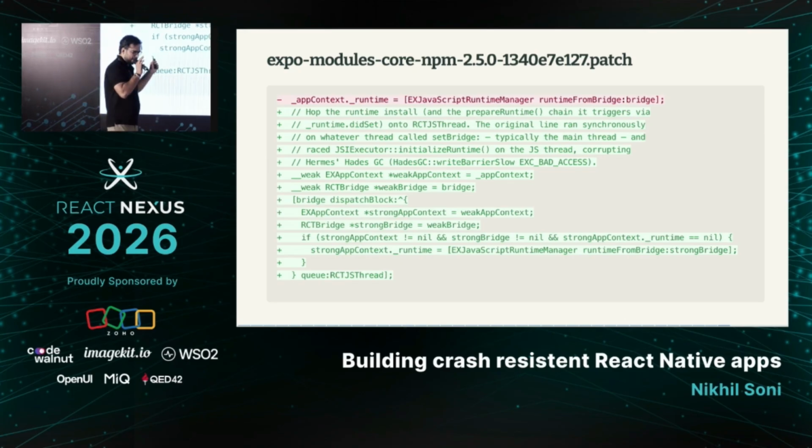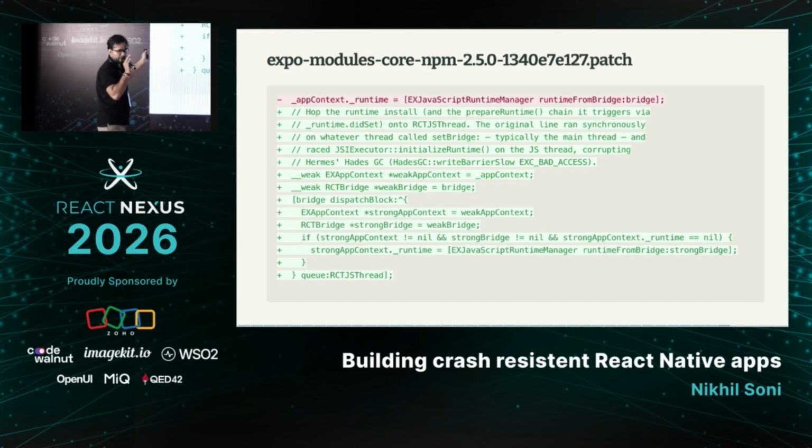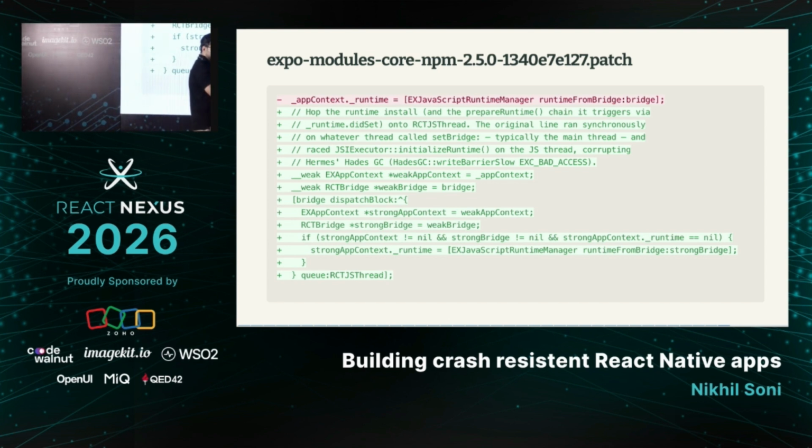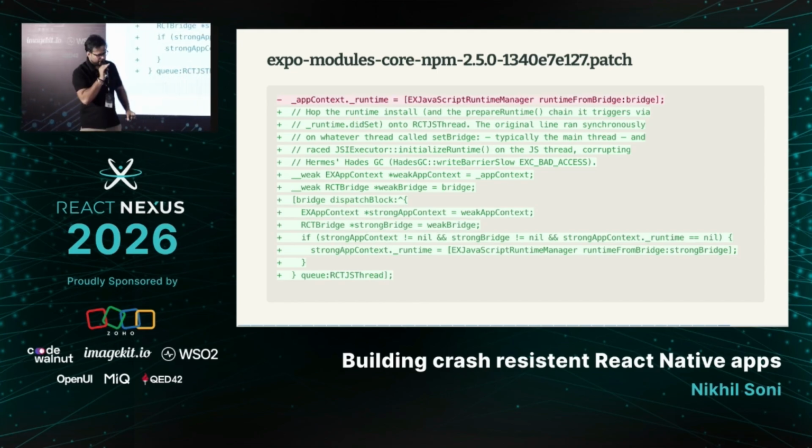And how did we get confidence in this? We were on Expo 53, and when we went through Expo 55, this was the same code written there. This was the fix they had done in 55. We did a lot of deep dives and patched it, and we are currently on this patch and it is working really well.